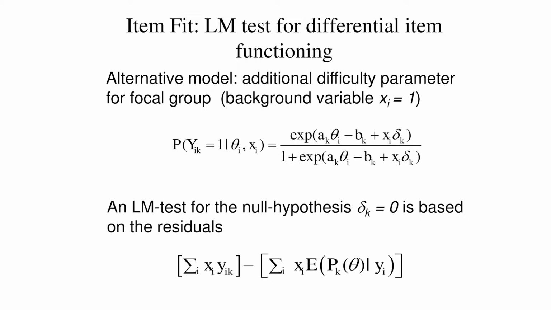So you see here again a summation over individuals, multiplied again by this background variable, and what you see here is the expected probability of a correct response given theta, given the responses that you have observed. So that is an expectation under the model of the number of correct responses by the girls. And of course you can divide this by the number of girls and also this by the number of girls, and then you would get here a proportion and here a kind of an estimate of a probability.